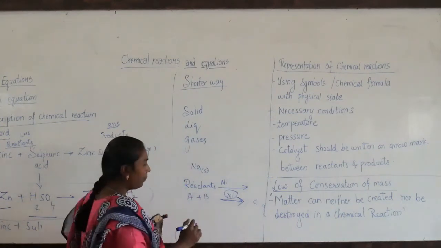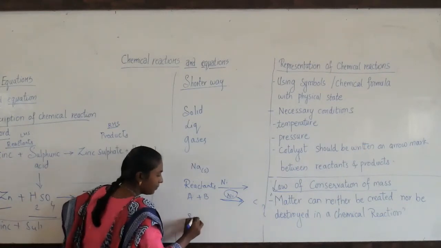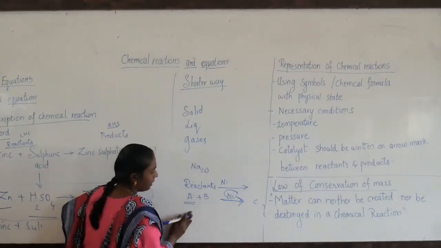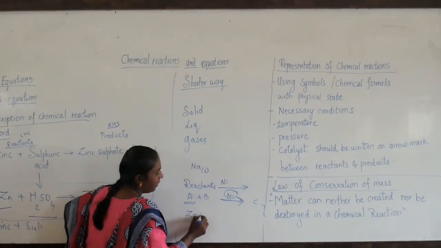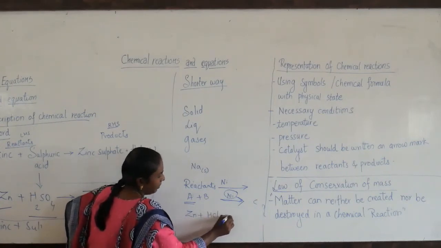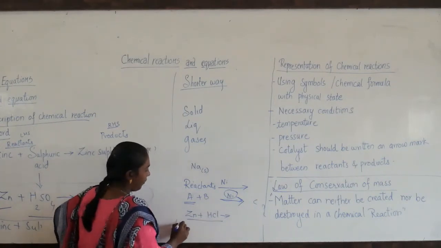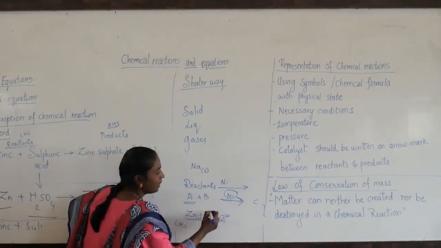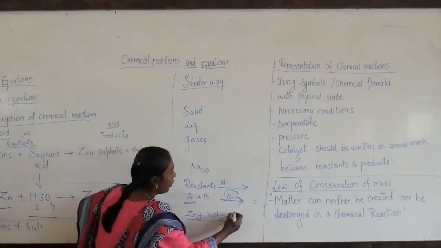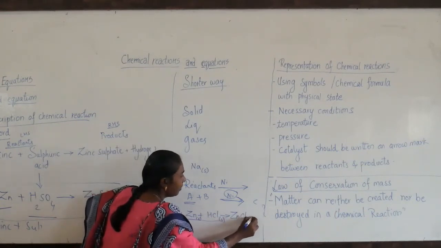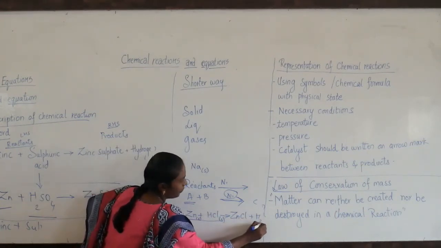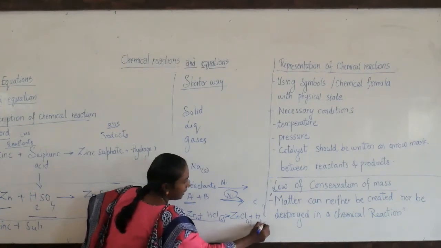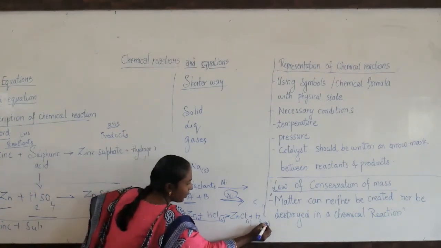So first rule, write the symbols. So here is the symbol, I just gave you an example. Zn plus HCl. Reactants to be written at the left hand side. Mention their state. So HCl is in liquid state. So what are you going to take? ZnCl plus H2. So this is in liquid state and this is in gaseous state.